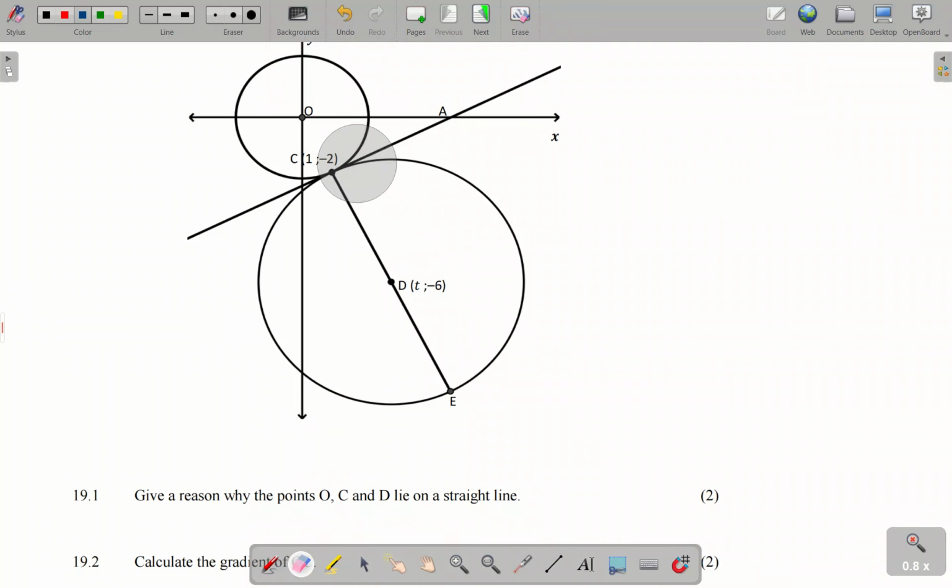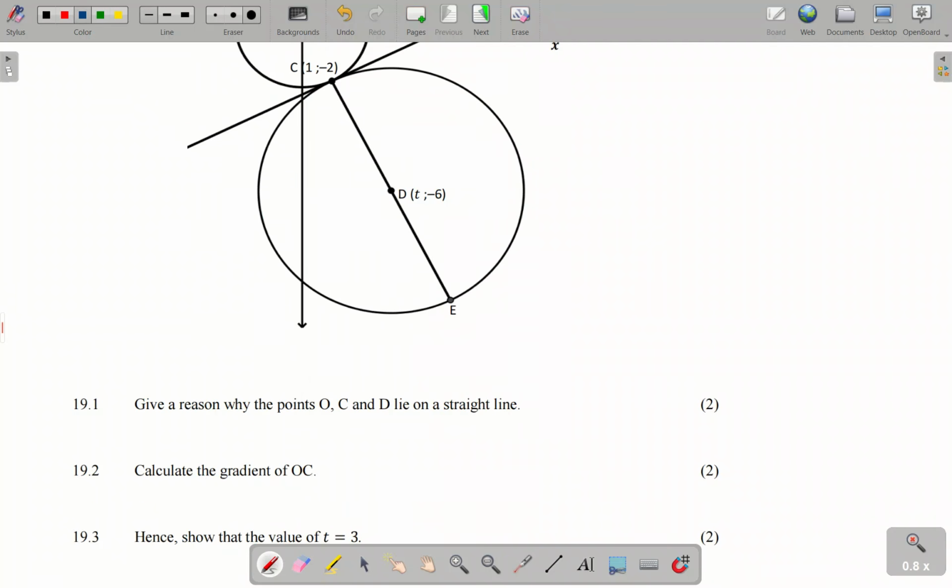Let me make sure that you understand that they touch each other externally. This straight line passes through the center of D, and then to where they intersect each other externally. So that's the answer there, guys.